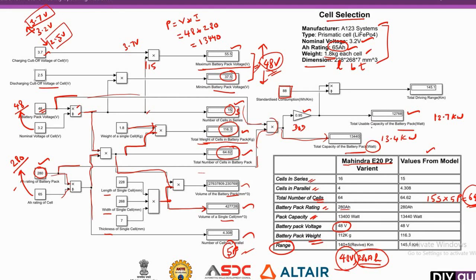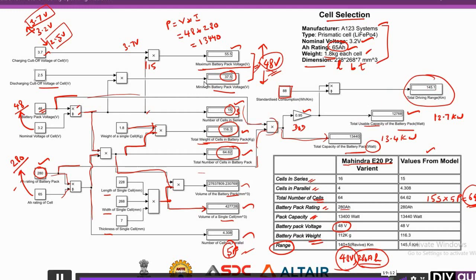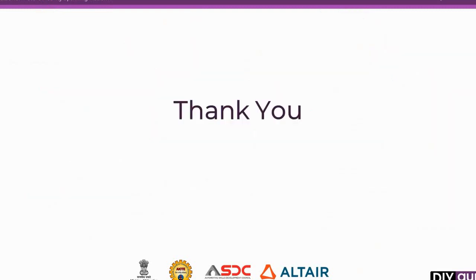So this usable capacity is divided by the actual power consumption, so that I will get the range of the vehicle. The range is calculated as the total usable capacity divided by the standardized consumption of power per kilometer. So I will get the total driving range. This is how we calculate the driving range and other parameters of the battery. Thank you. We will see in the next session.